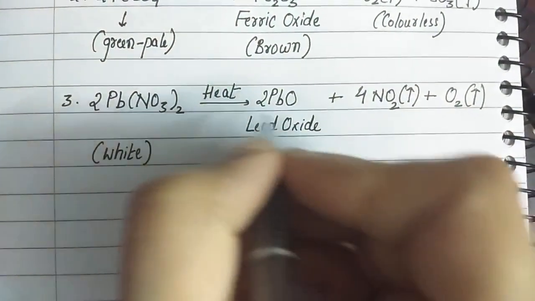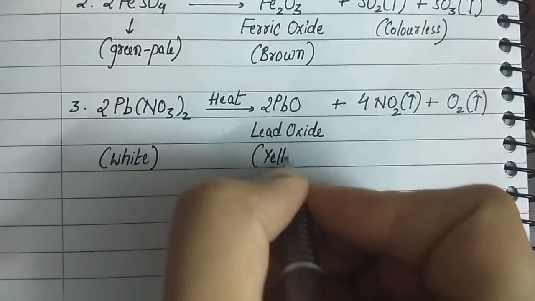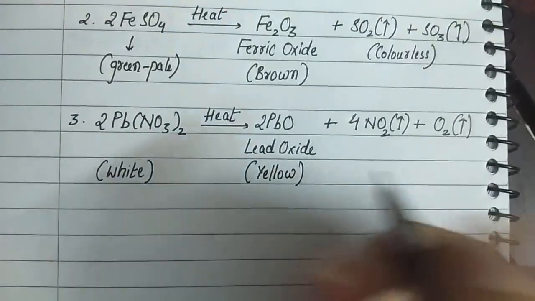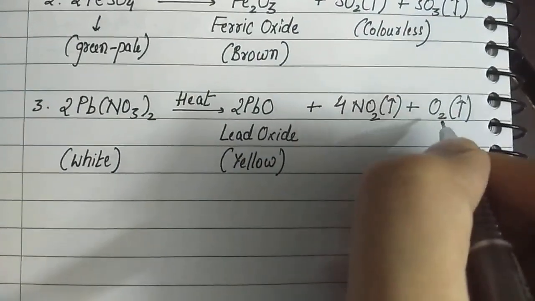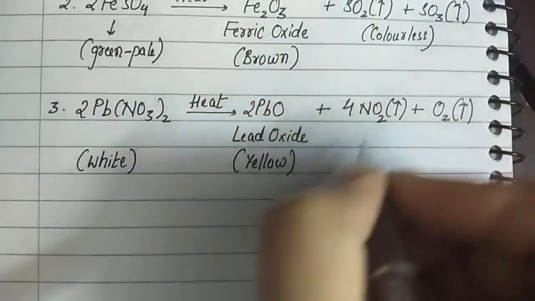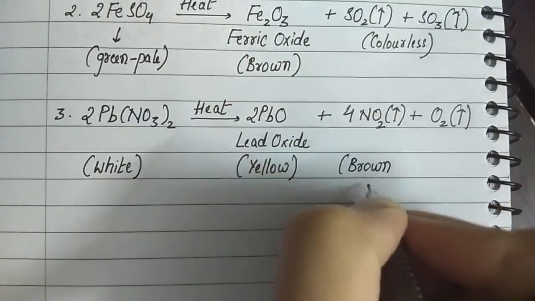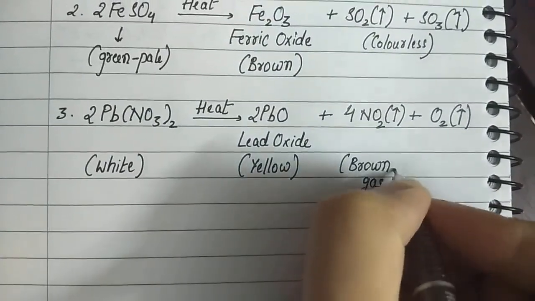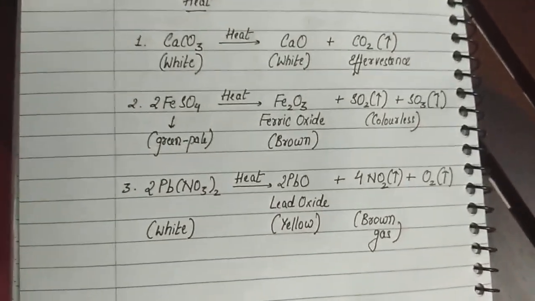When it is decomposed, it turns to lead oxide, which is a yellow colored solid, along with the evolution of two gases, out of which we know that oxygen is a colorless gas, while nitrogen dioxide is a brown colored gas. Fine. So these are the three examples of thermal decomposition.